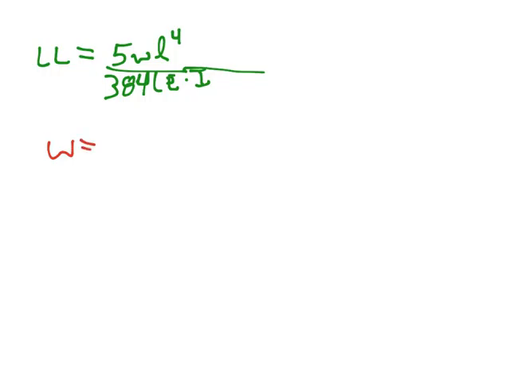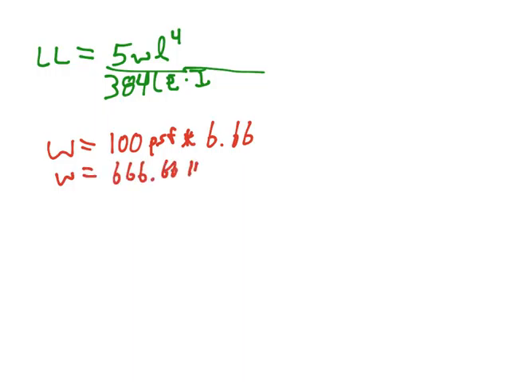The weight of the beam per foot is going to be the live load, which is 100 pounds per square foot, times the tributary width, and tributary width was 6.66. And so the W in the case of just the live load is going to be 666.66 pounds per foot. Okay? So this is the W that we're going to use this time instead of that 1,000.